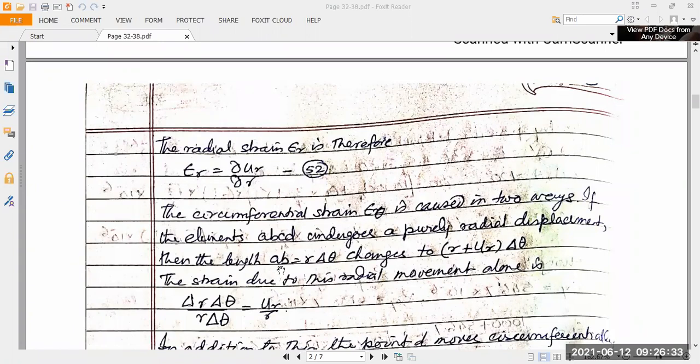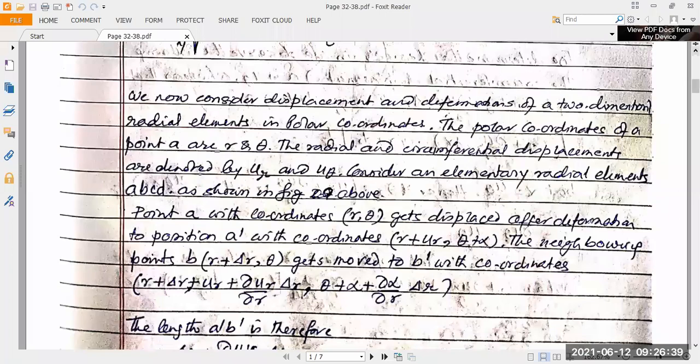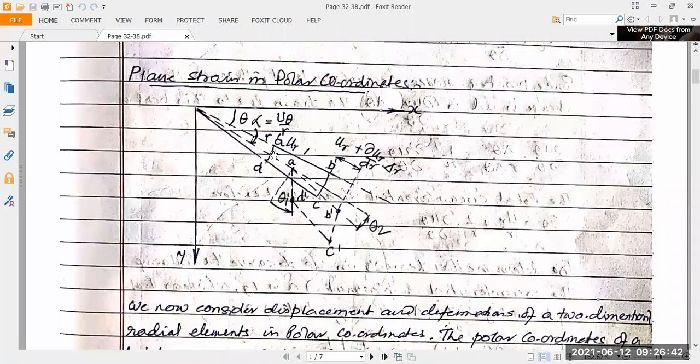Initially it was r into delta theta, which changes to r plus ur into delta theta.